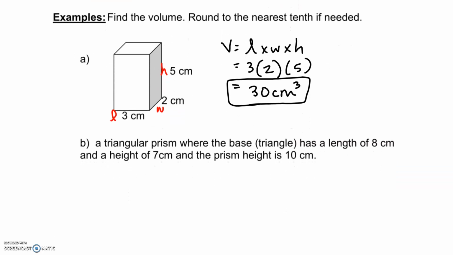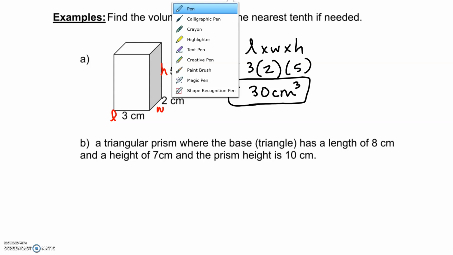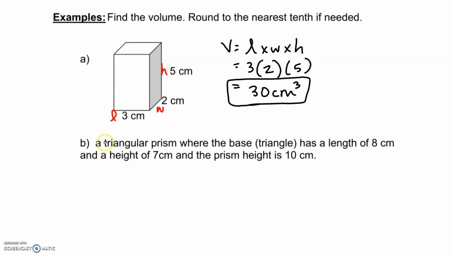It says a triangular prism where the base triangle has a length of 8 and a height of 7, and the prism height is 10 centimeters. So we have to draw ourselves a shape. Before I do that, I'm just going to highlight what's important. So we know the shape is a triangular prism. The base of the triangle has a length of 8 and a height of 7. So that's all the base of the triangle. And then the height of the actual shape is 10 centimeters.